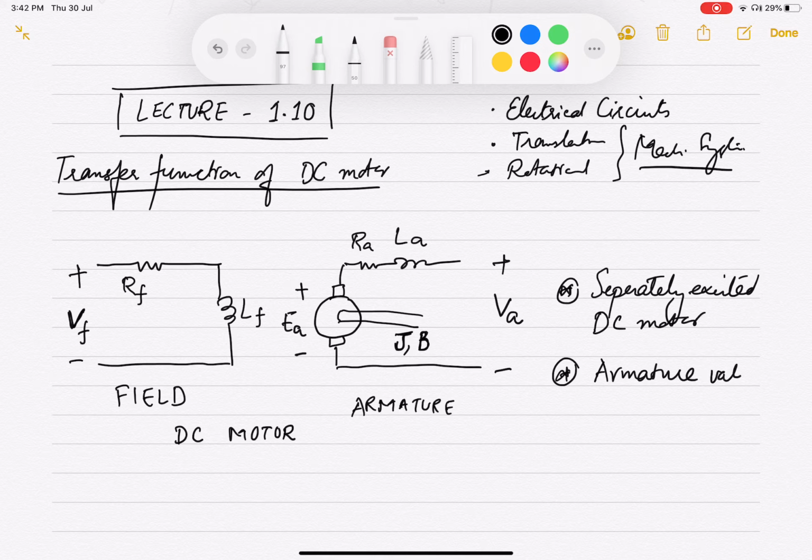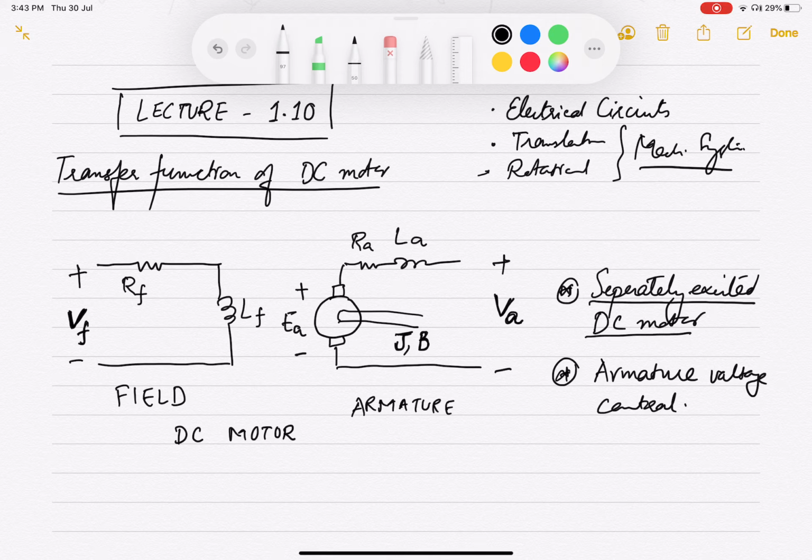We are not going to talk about any other type of motor. Separately excited essentially means that this Vs, the field voltage, and this Va, the armature voltage, are separate. They could be drawn from the same source also, and there could be various other configurations, but this is the most basic configuration.